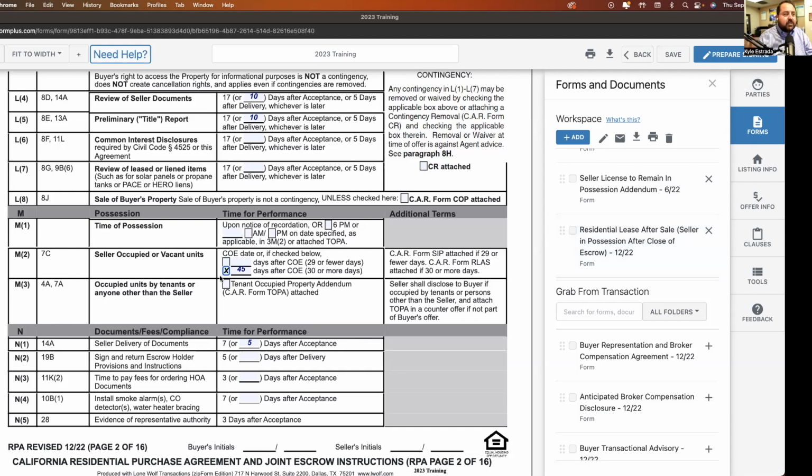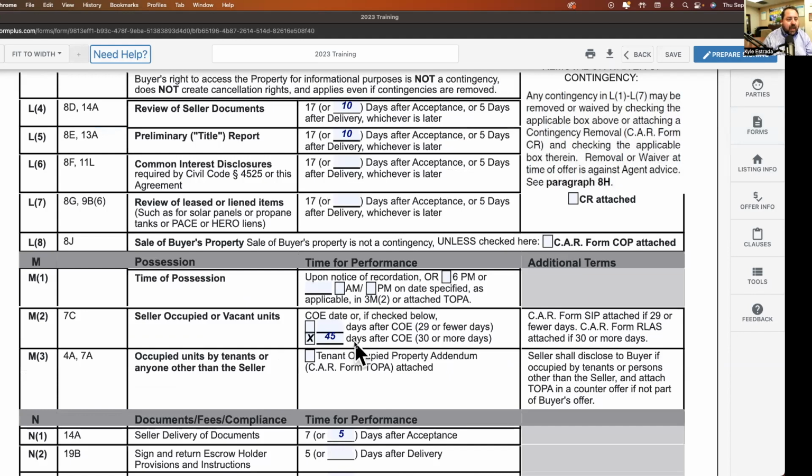Once they add it, it's like a lease agreement. I have to agree to the terms, what I'm paying, how much it's going to cost me to stay in the property. Can they do it for free? Sure. But either way, I'm going to have either an RLAS or an SIP.